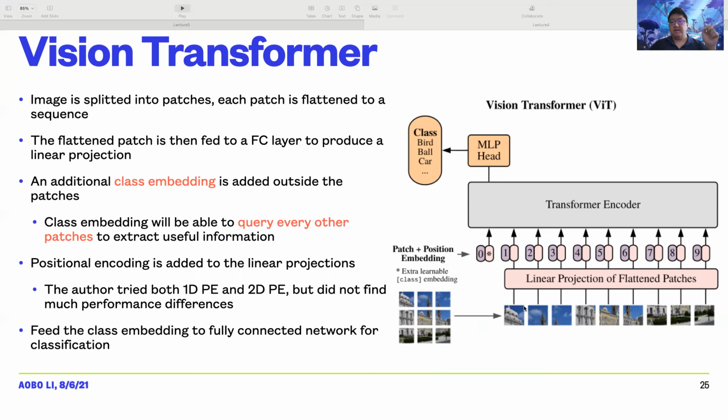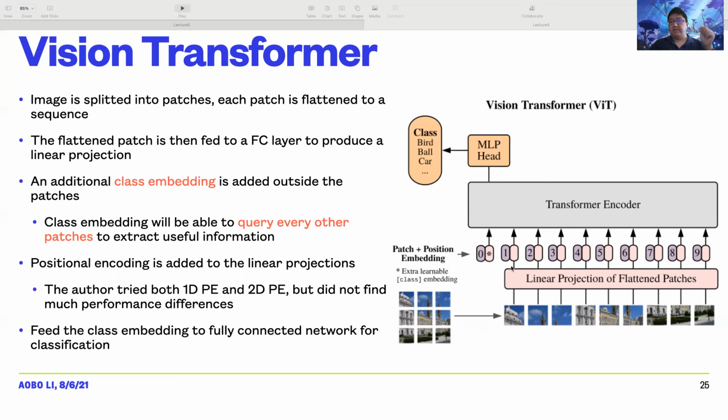You see this contains the main building, the top of the main building. This contains a tower. This contains some bush. This contains a light. And then we flatten each patch into just a 1D vector, and then we use the linear projection, that is, multiplying it by a matrix to convert it to what we call an embedding representation.